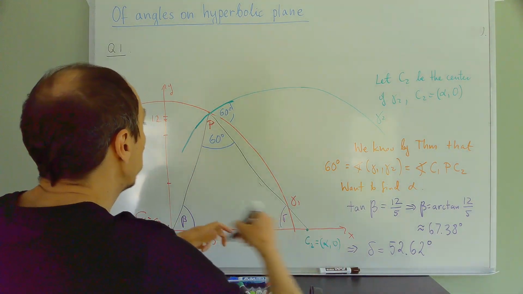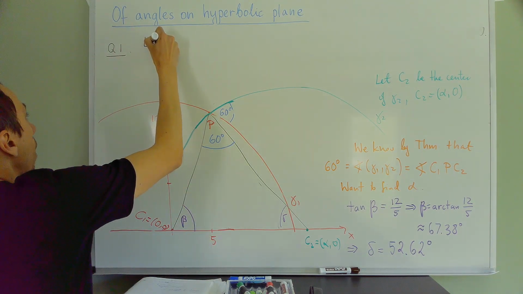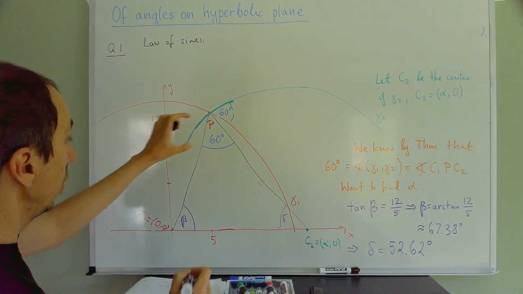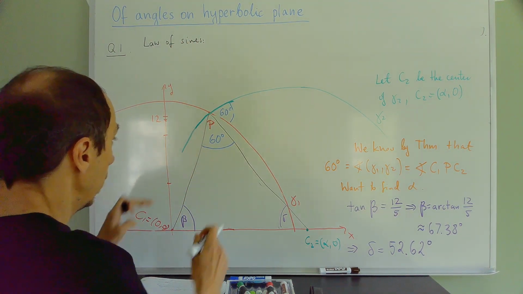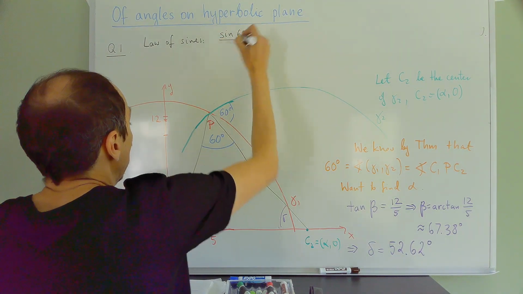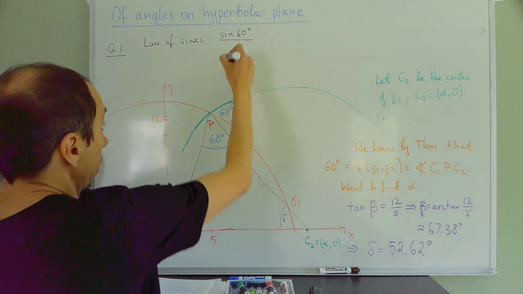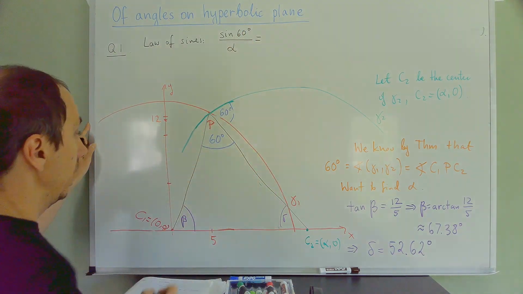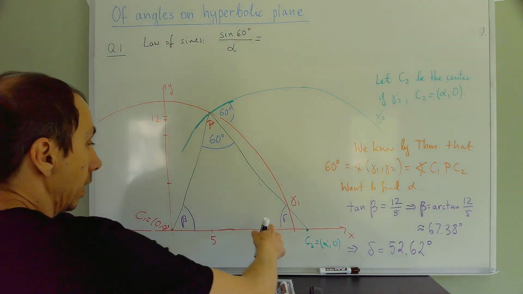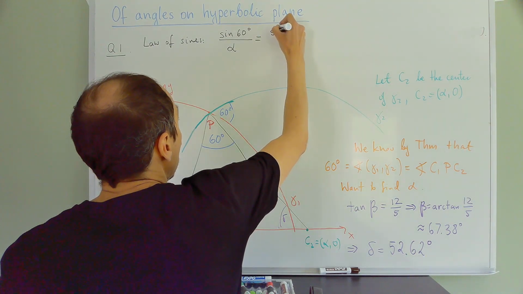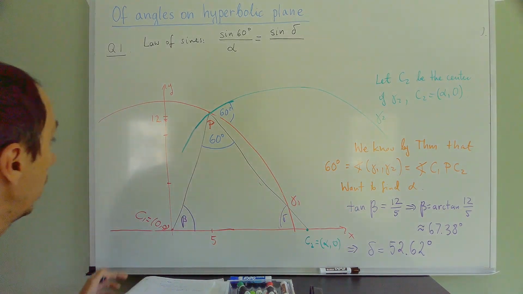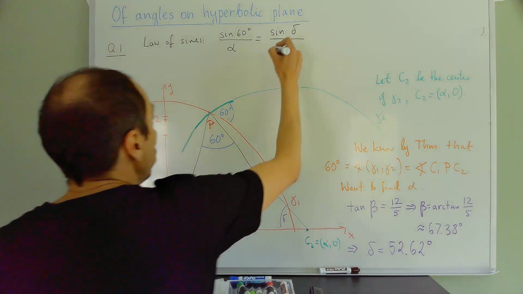By the law of sines, sine 60 divided by this length, which is alpha, is the same as sine delta divided by this length, the length C1P.